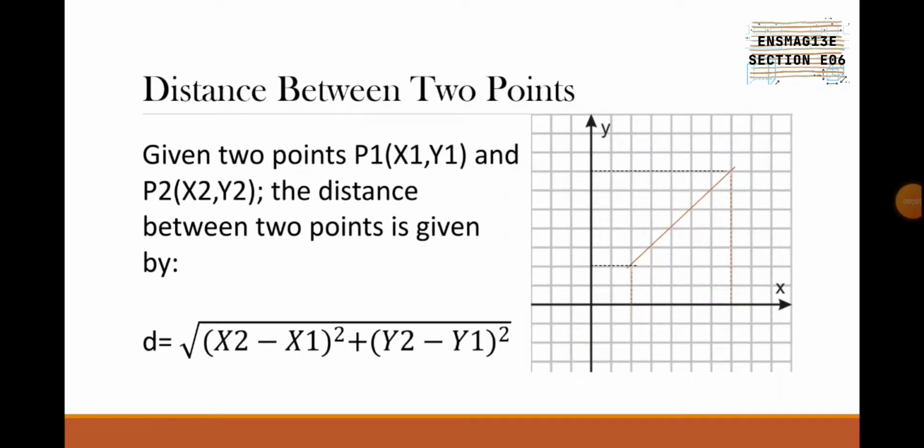Distance between two points. Given two points, P1 with coordinates x1 and y1, and P2 with coordinates x2 and y2, the distance between the points is given by this equation: the square root of (x2 minus x1) squared plus (y2 minus y1) squared.